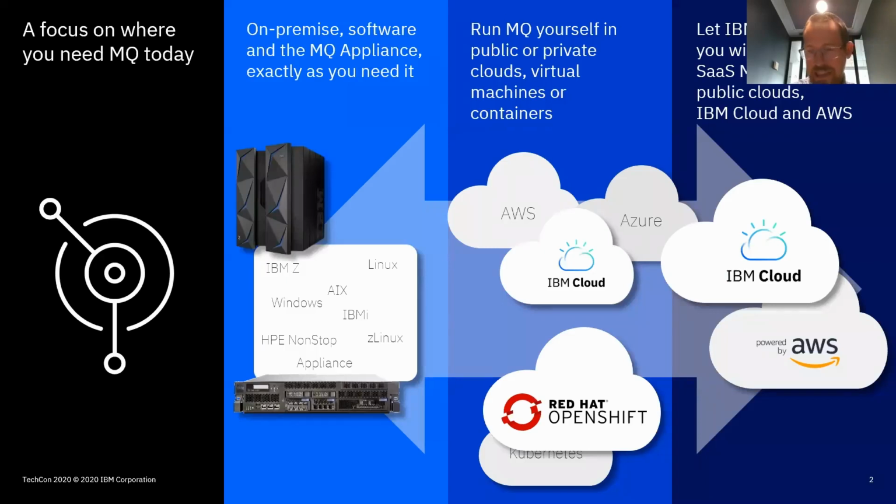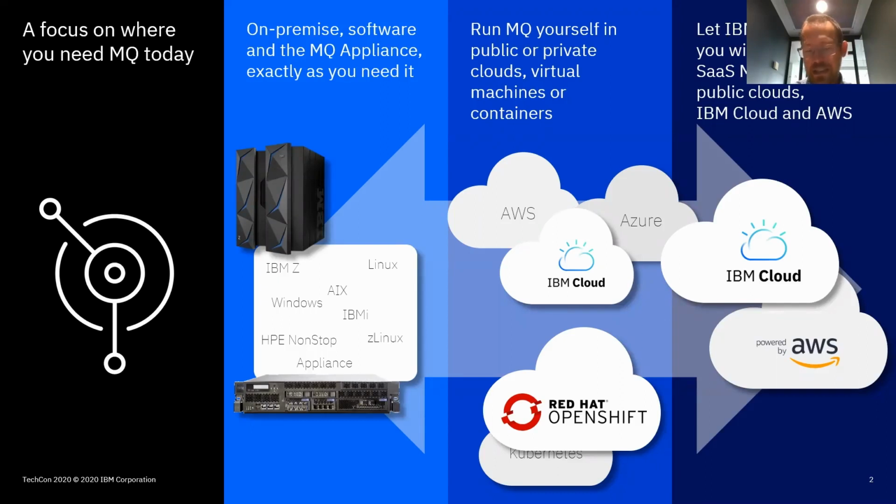I suspect you've already seen, I don't know how many of you went to Jamie's session versus this one. And if you went to Jamie's, you probably already saw this slide. And really what we're trying to say here is MQ is everywhere, and we're all about connecting your applications together regardless of where they run.